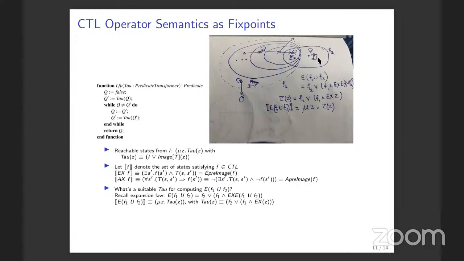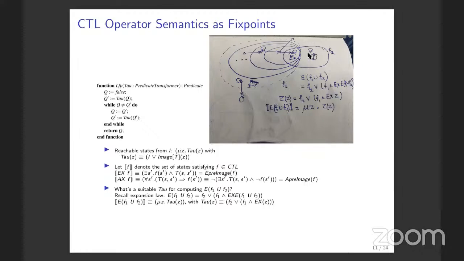The set F2 will include lots of things. It is all the states that satisfy F2. But that one is not entirely the set of states that satisfy F1 until F2. It certainly includes everything that satisfies F2, and also includes things like this, things that always satisfy F2, and there can be loops of this kind.